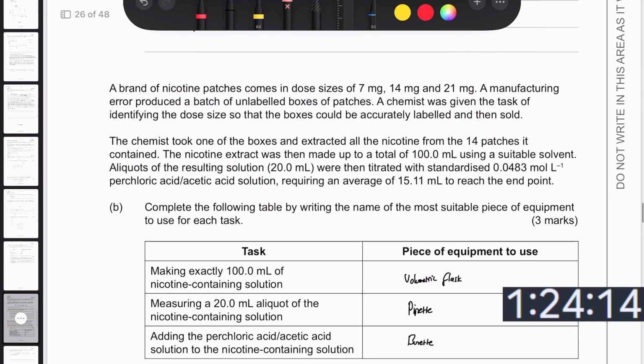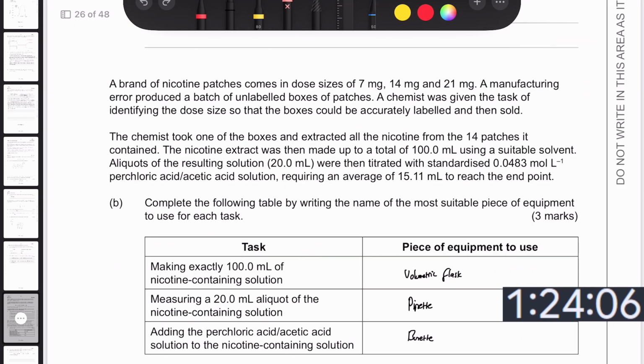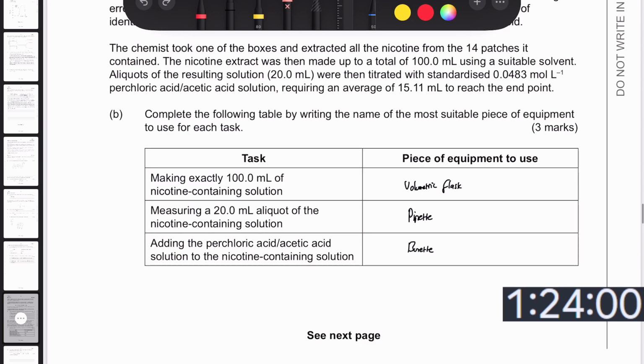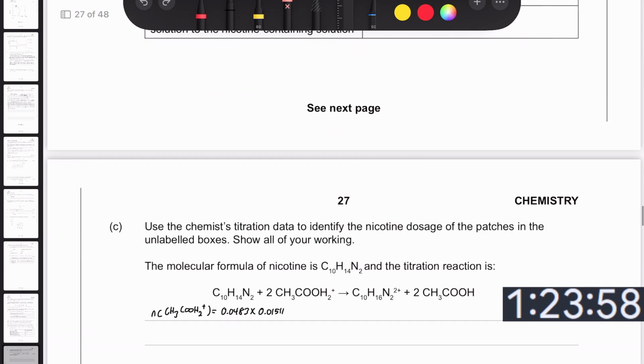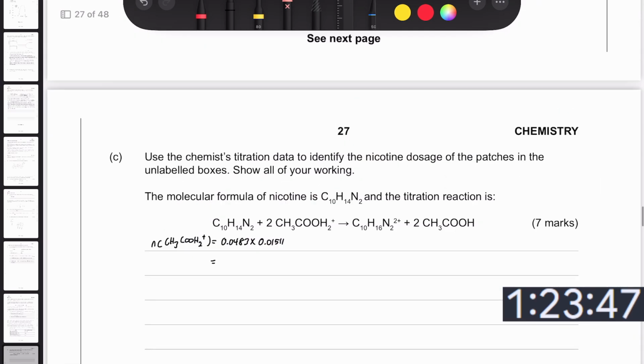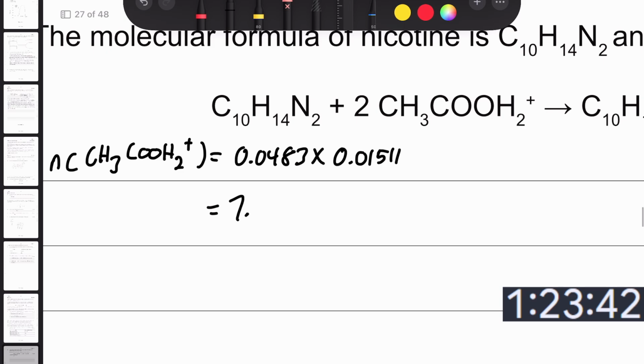Let's figure out how many sig figs I need. I'm going to need to do this to 4 sig figs. Oh no, 3 sig figs. So then, 0.0483 times 0.01511 is 7.298981 times 10 to the negative 4 moles.